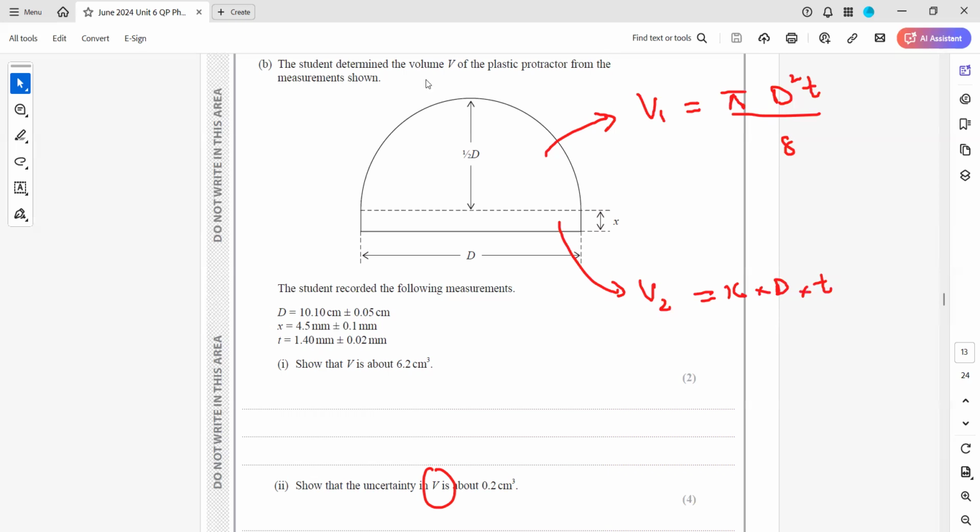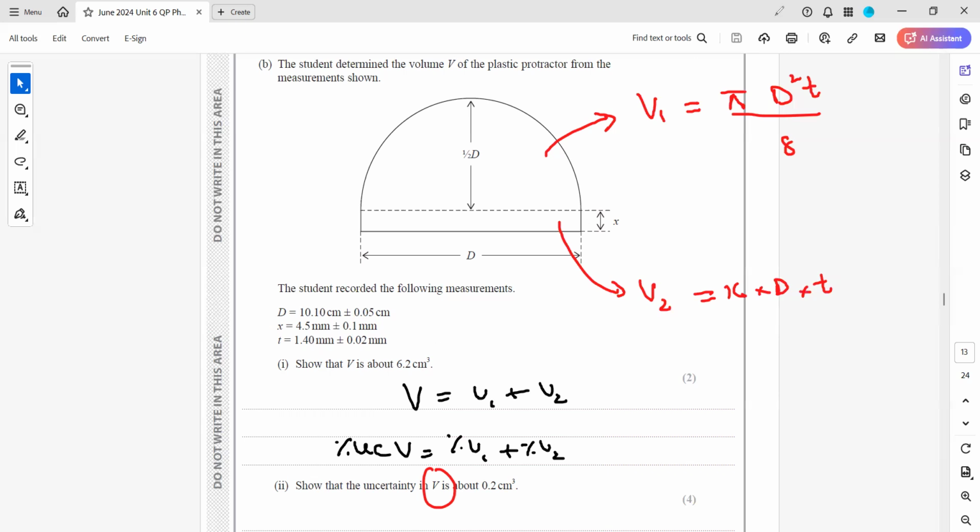So how is the total volume calculated? Total volume is calculated by adding V1 and V2. So what will be the percentage uncertainty in V? The percentage uncertainty in V equals the percentage uncertainty in V1 plus the percentage uncertainty in V2. That will be the percentage uncertainty in the total volume.